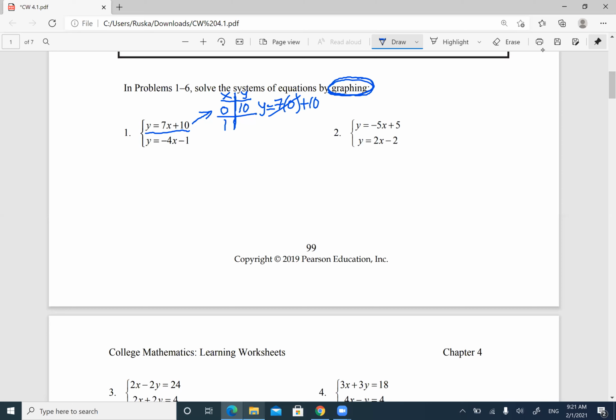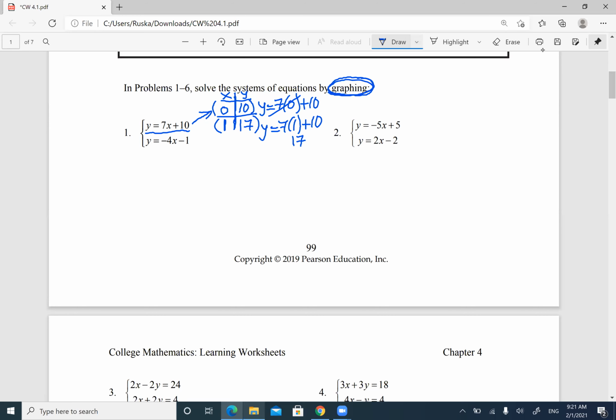And then you do the same with X equal to 1. I plug it in, so I have Y equals 7 times 1 plus 10. 7 times 1 is 7, plus 10 is 17. So my Y is going to be 17. Now these are the 2 points I need to graph: (0, 10) and (1, 17). That's going to be the graph of the first equation.